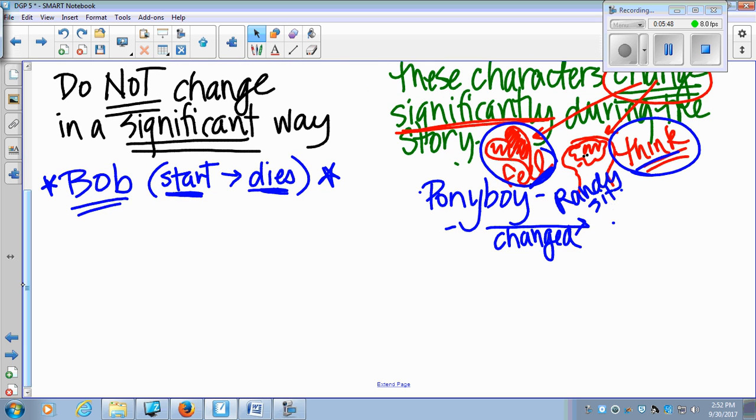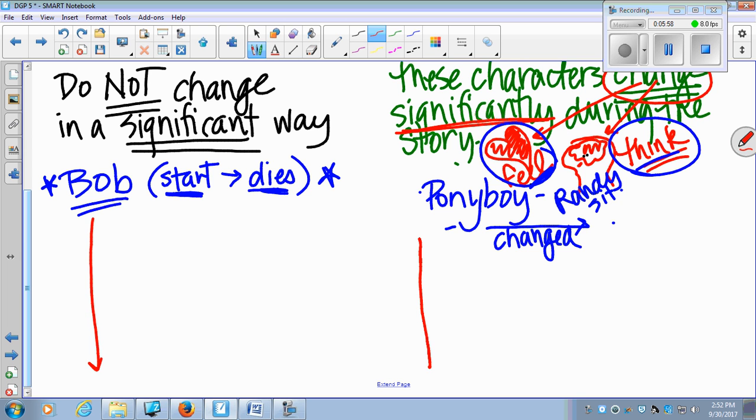So what I want you to do now is, for your character list, think: did this character change from the beginning of the novel to the end?